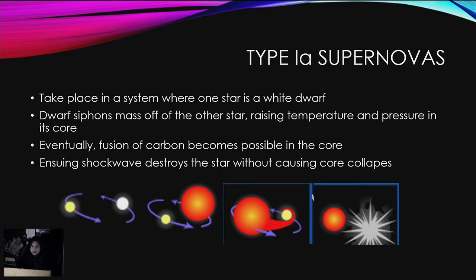And that's what a type 1a supernova is. This is different from a normal supernova, which happens when a star dies and the core collapses, and the shockwave sent out by core collapse causes the outer layers to explode outwards. Whereas here in a type 1a supernova, just the whole star is gone.